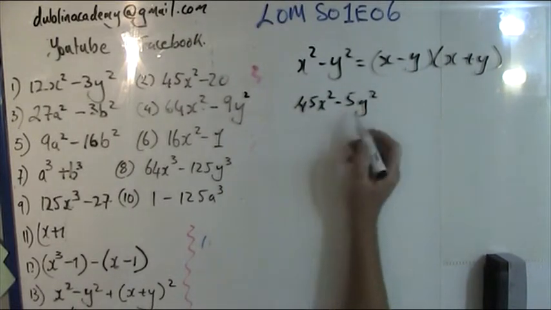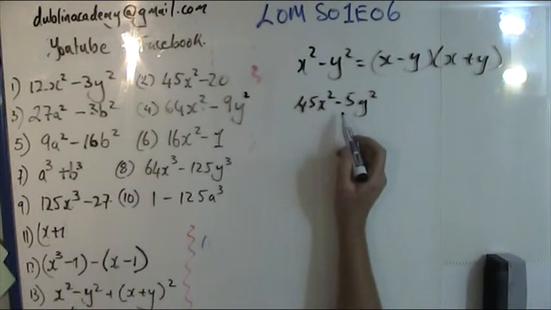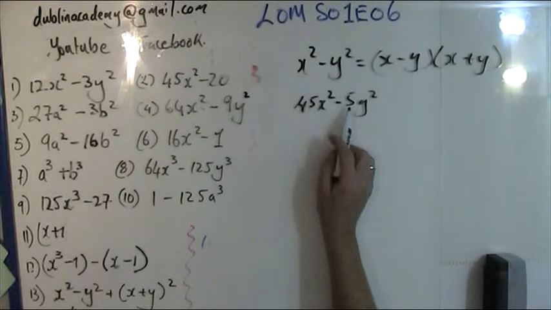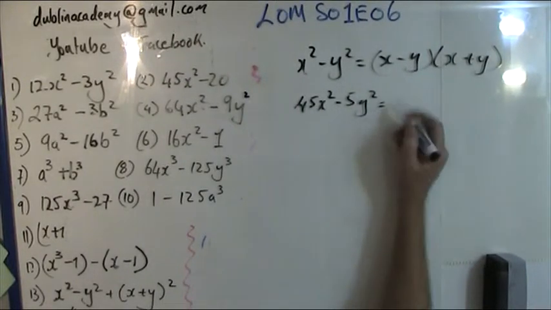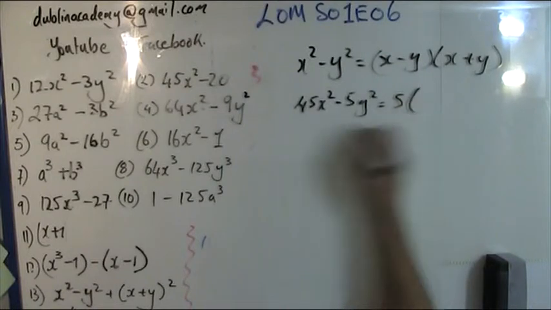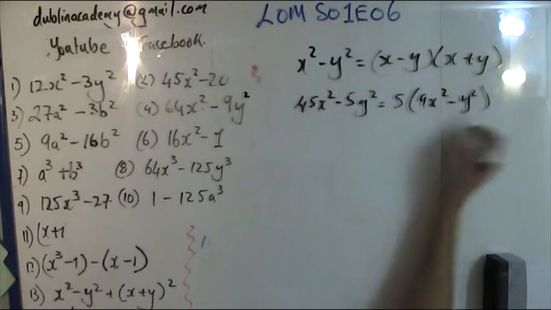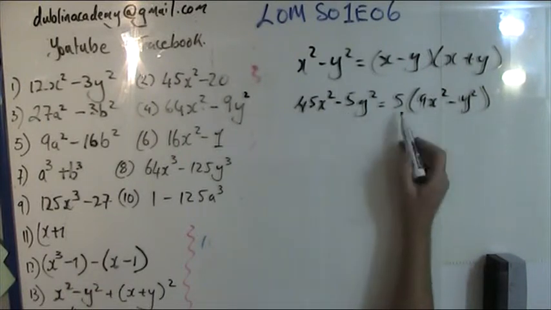As you know, things don't get simpler, they get much more difficult. I cannot get 45 as a square root, so I have to factorize 5 here. So I have to take out 5. If I take out 5, it'd be 5 times 9x squared minus y squared. Make sure you keep the signs.